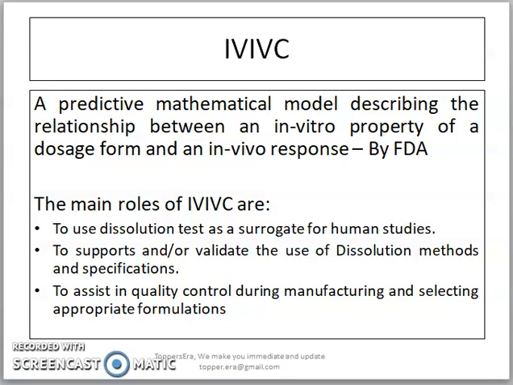The main roles of IVIVC are to use the dissolution test as a surrogate for human studies, to support and or validate the use of dissolution method and specification, and to assist in quality control during manufacturing and selection of appropriate formulation.